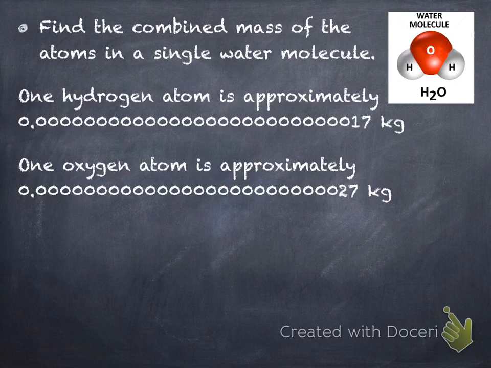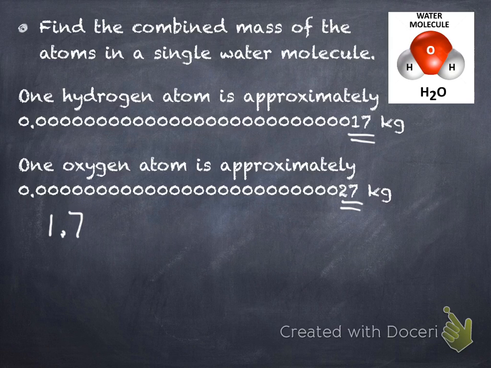So let's look first at the hydrogen atom. We want to use the digits in these two numbers here and write it in scientific notation. So a number between 1 and 10 would be 1.7. So I've put the decimal place here. I need to multiply by a power of 10 that's going to move me this many decimal places to the left.